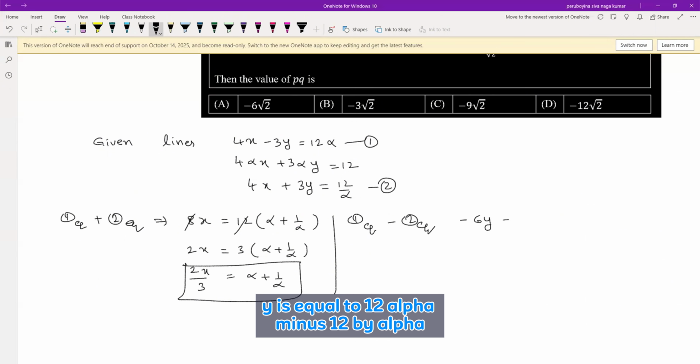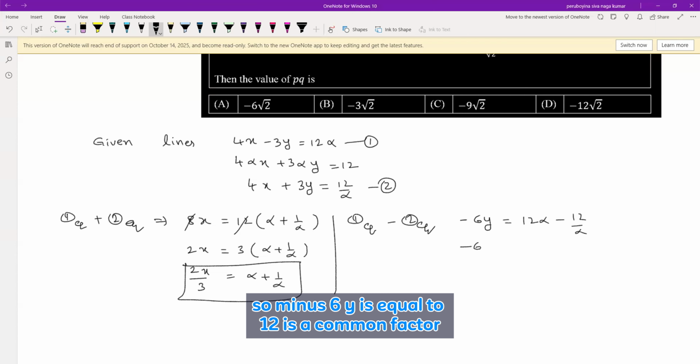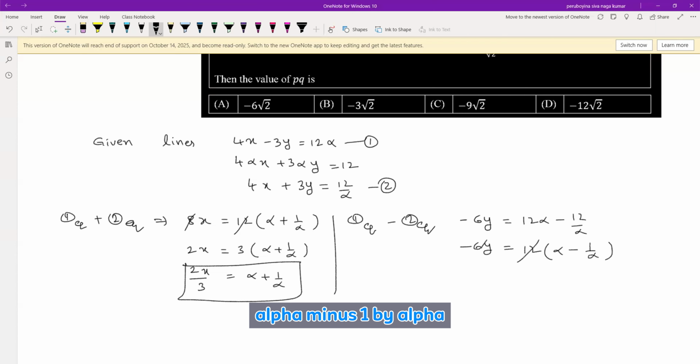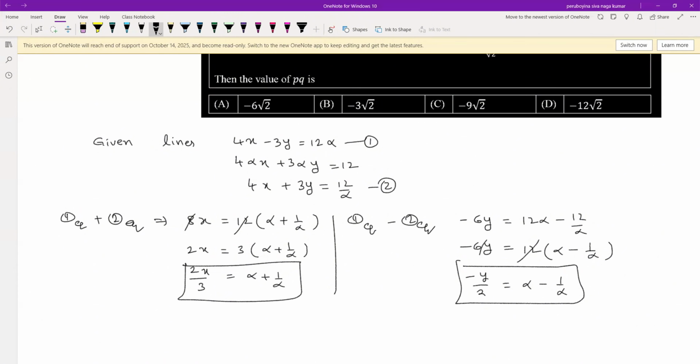Minus 6y equals 12 alpha minus 12 by alpha. So minus 6y equals 12 as a common factor times alpha minus 1 by alpha. So minus y by 2 equals alpha minus 1 by alpha.